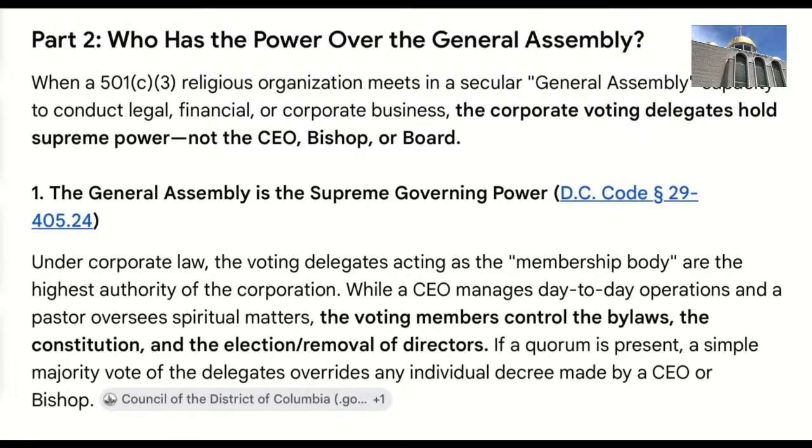Who has the power over the General Assembly?